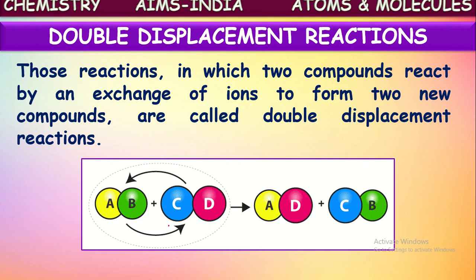Here these two ions are exchanged between these two compounds. So D is coming and combining with A and B is coming and combining with C, so that two new compounds are formed. We can say the chemical reaction in which two compounds exchange their radicals mutually to form two new compounds is called a double displacement reaction.